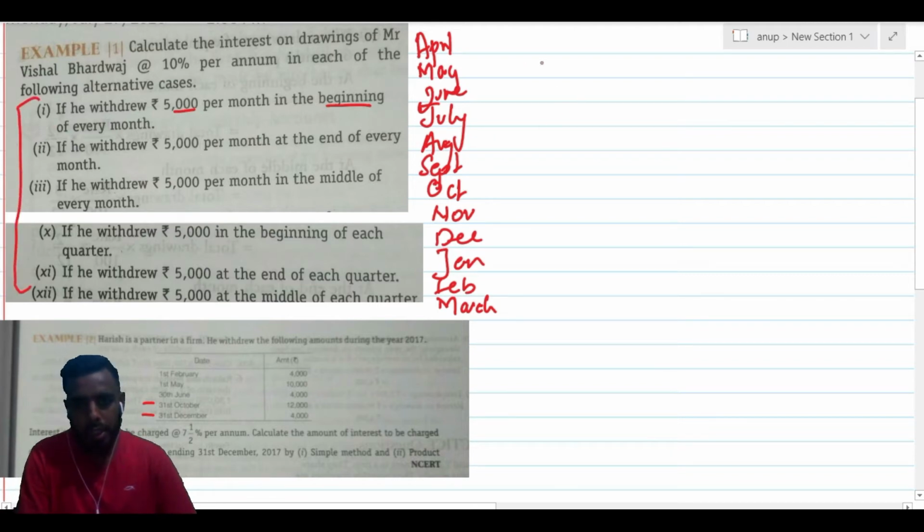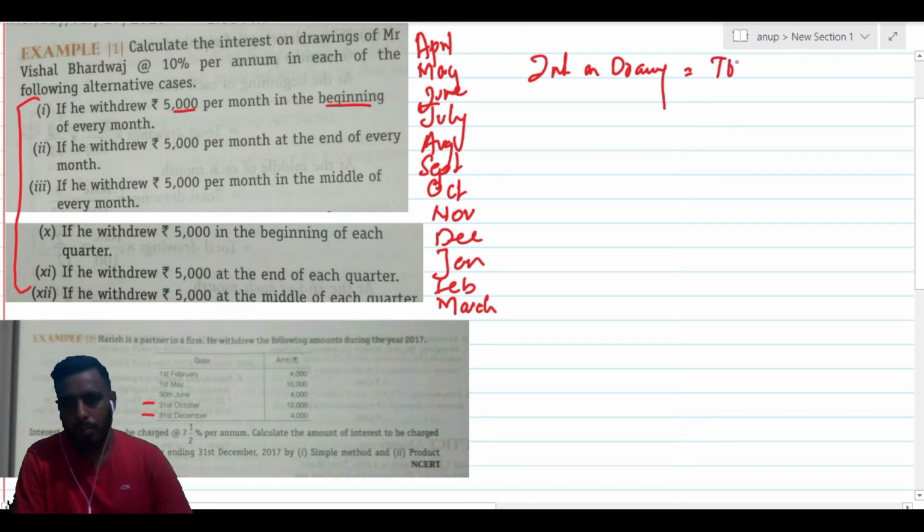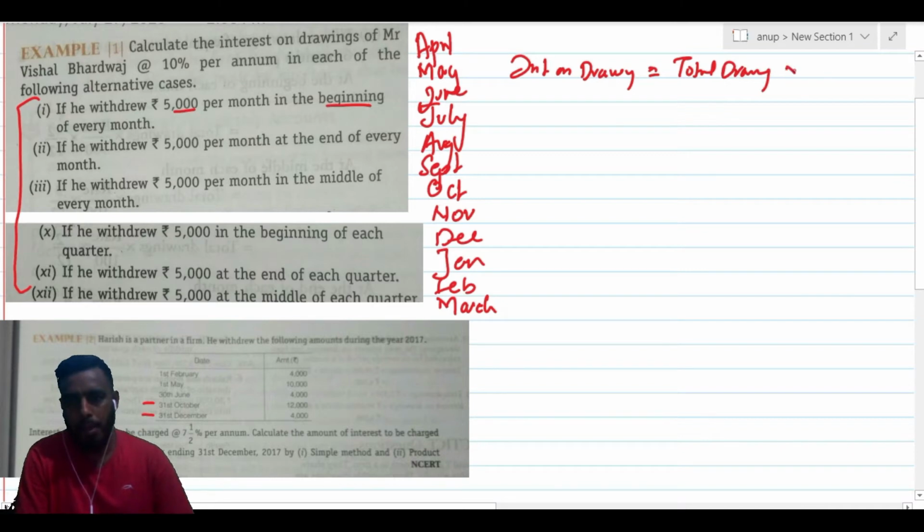So let me write the formula first. Interest on drawing under the modern method is equal to total drawing into rate into t by 12.